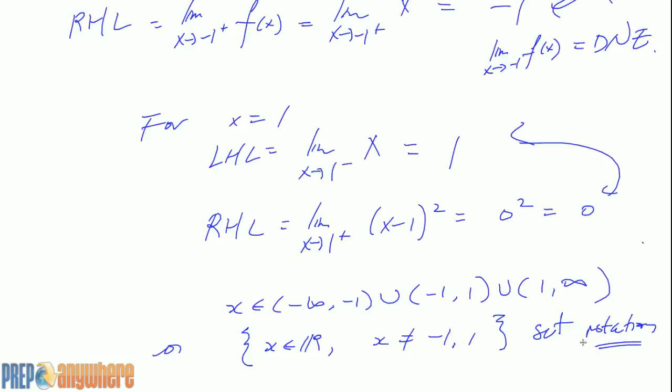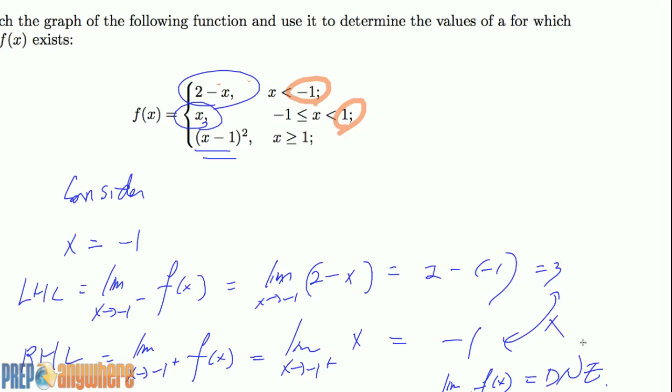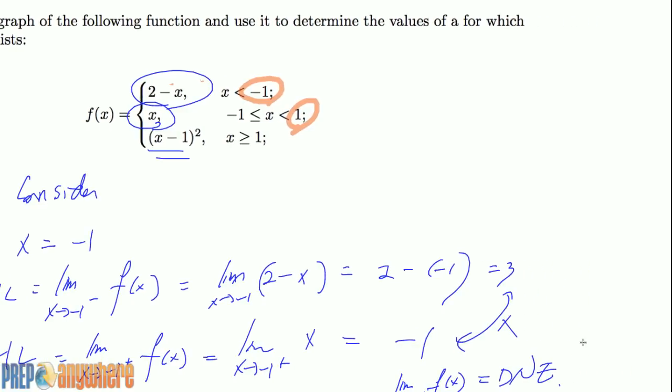You don't need to sketch this at all. Let's sketch the graph. The question says to sketch it, so let's sketch it. We have to split up the region at -1 and 1, right? 2 minus x looks like the following.